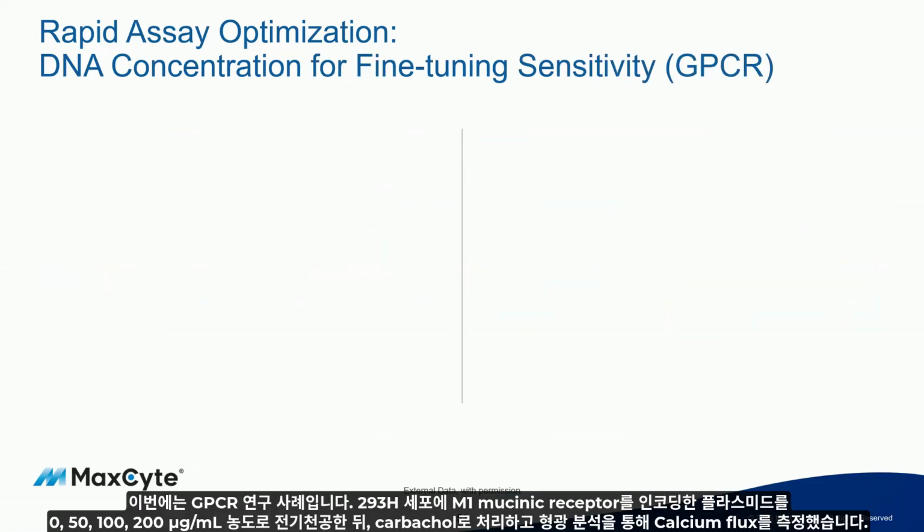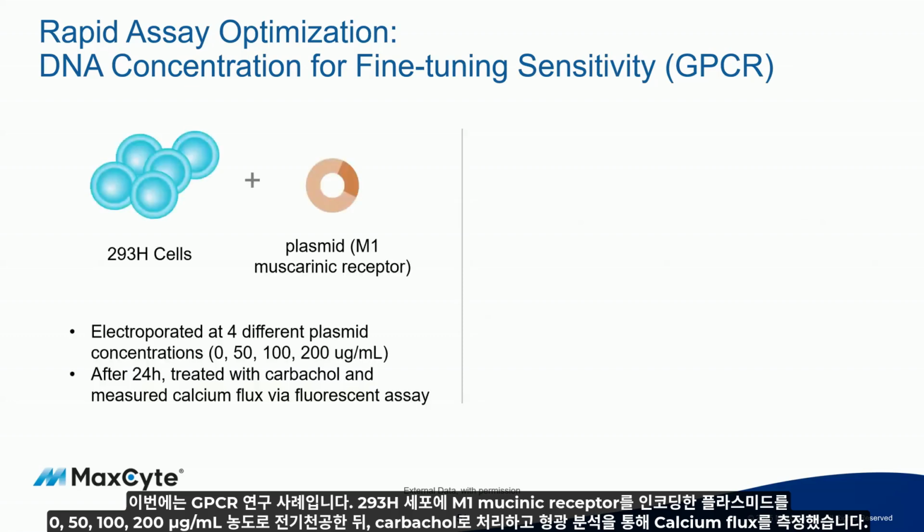And here's yet another example for DNA concentration, but for GPCR. In this example, they used 293H cells and electroporated them with plasmid encoding M1 muscarinic receptor. They electroporated at 4 different plasmid concentrations: 0, 50, 100, and 200 micrograms per mil. Afterwards, they treated the cells with carbachol and measured calcium flux via a fluorescent assay.